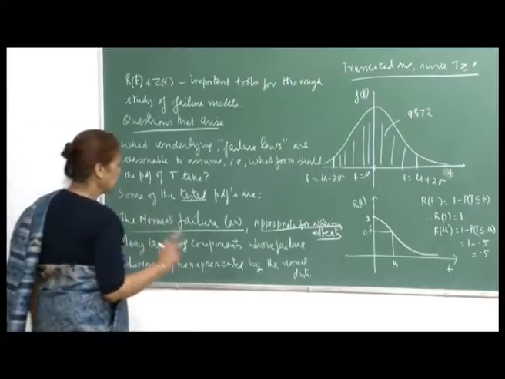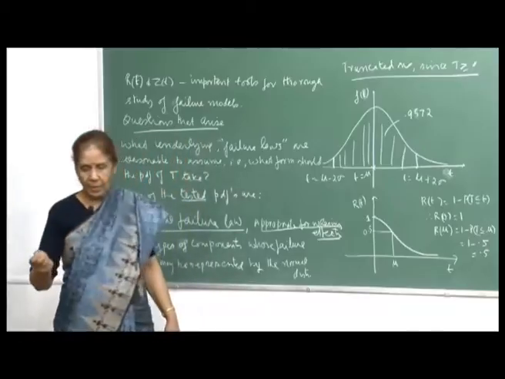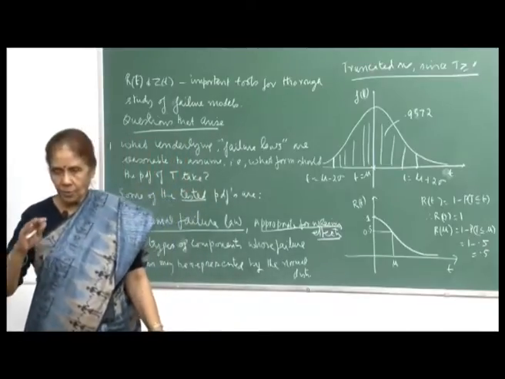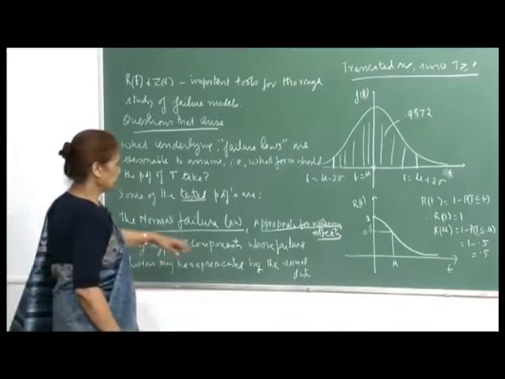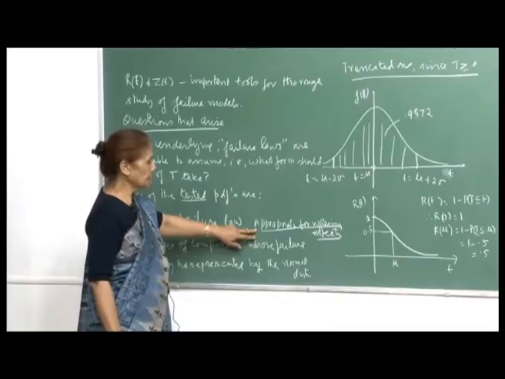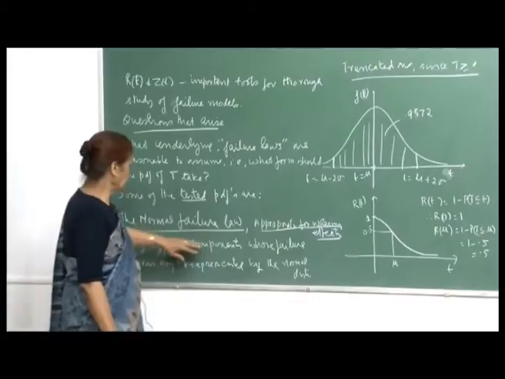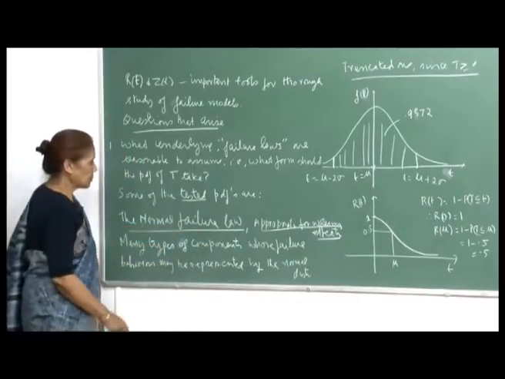So, when there is a varying effect on the component, just as we said, a beam under heavy load, slowly, gradually there is a varying effect and then it breaks down. For such situations where the varying effect is the cause of the failure, the normal failure law is considered to be appropriate.